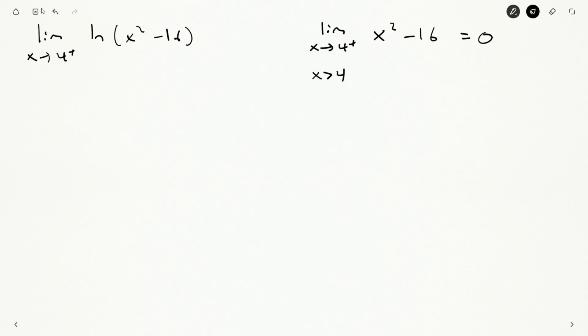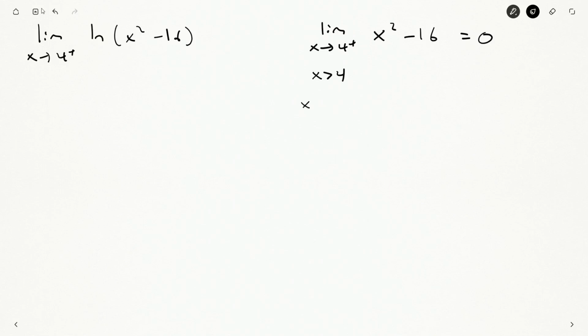So I want to know about this limit, but it's kind of hard to do all at once. So instead I ask, well, as x goes to 4 from above, what's x squared minus 16 doing? And yes, the answer is it's going to 0. But I can't just plug in 0 here. So instead I have to say, alright, my x values here are always greater than 4.